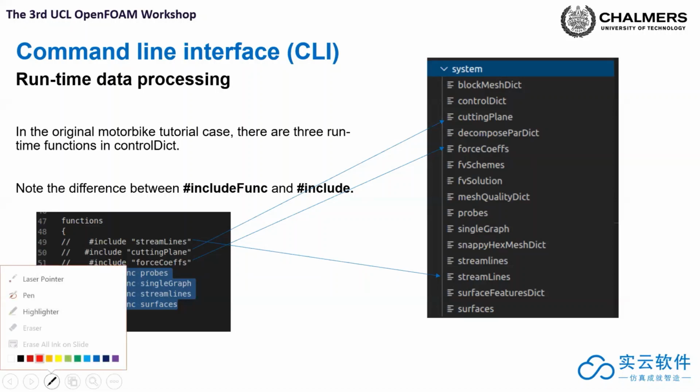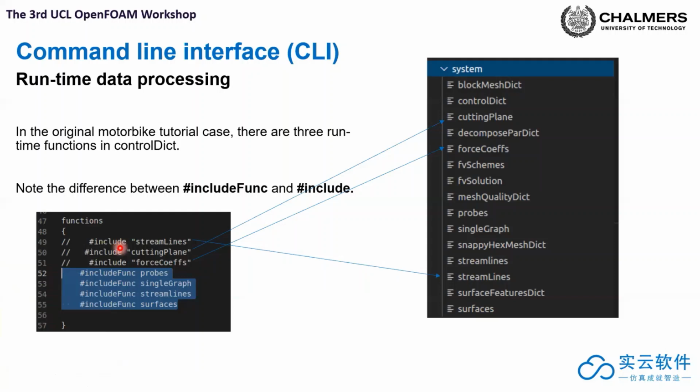But if you use #include with quotation marks, it's like you define all the code for streamlines in a file named streamlines and just put it here. So this line 49 will actually go into the streamlines file and execute the code line by line inside it.